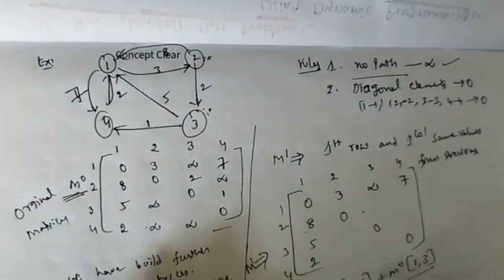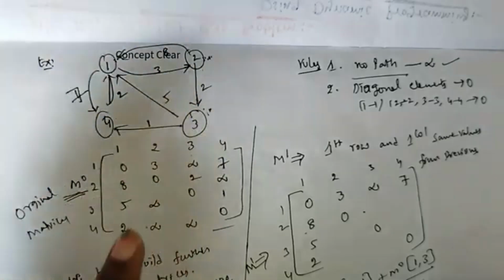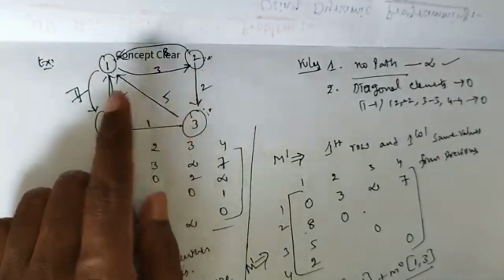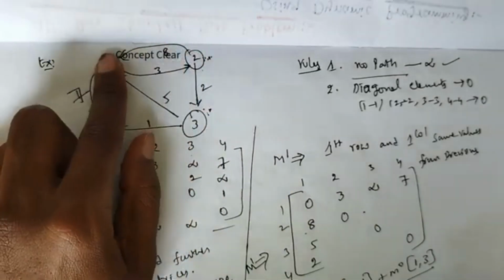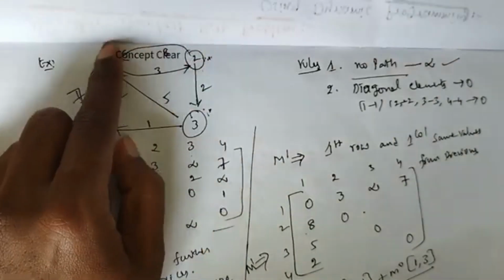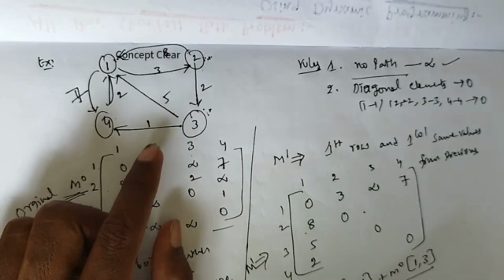So we go 2 to 1 and 1 to 3, and we reach 2 to 3.